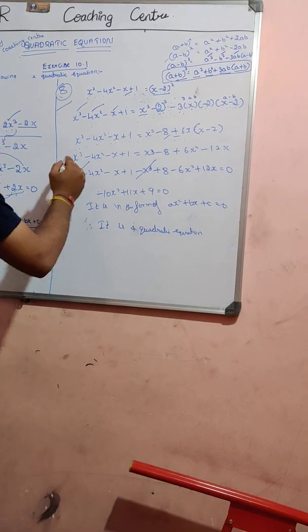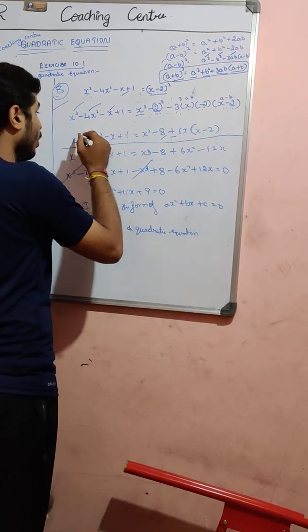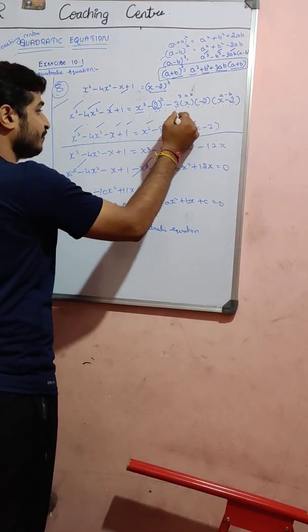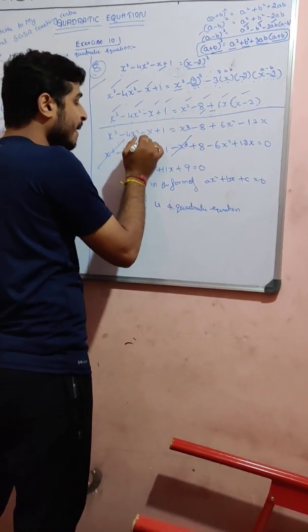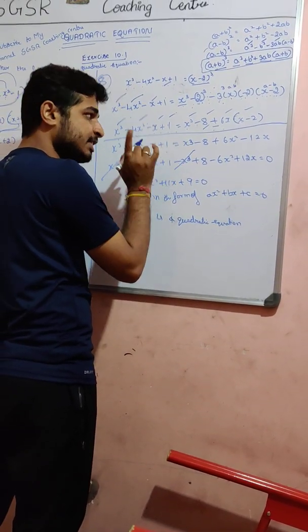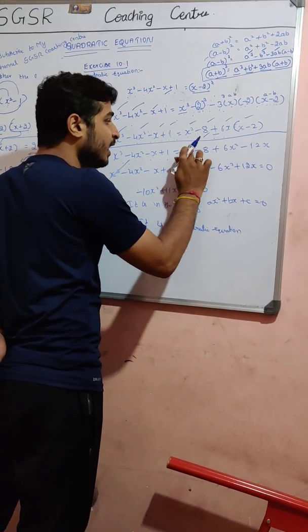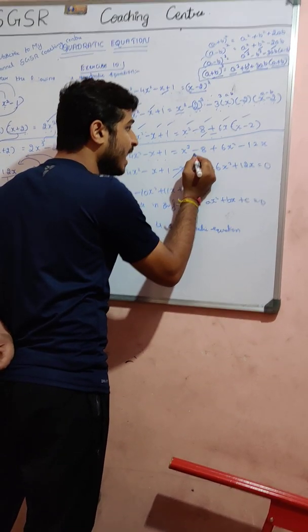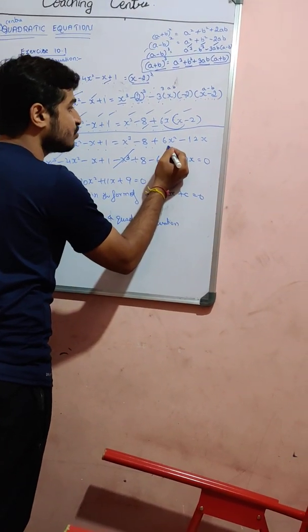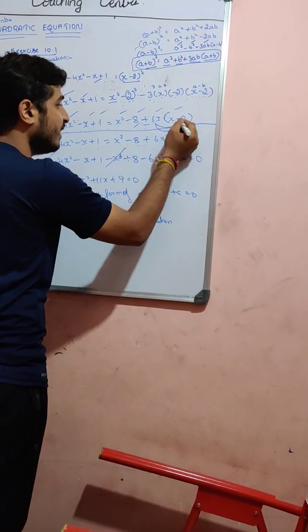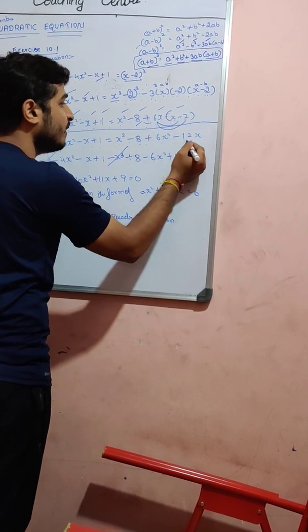Okay students, now I think you all know how it came. Now x cube minus 4x square minus x plus 1 as it is you will write. So here it becomes x cube minus 8 plus 6x into x, it becomes 6x square. So here plus into minus it becomes minus, 6 into 2 it becomes 12x.